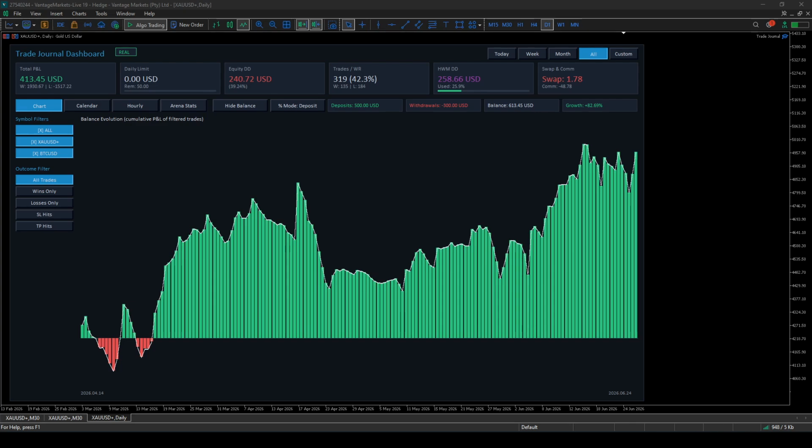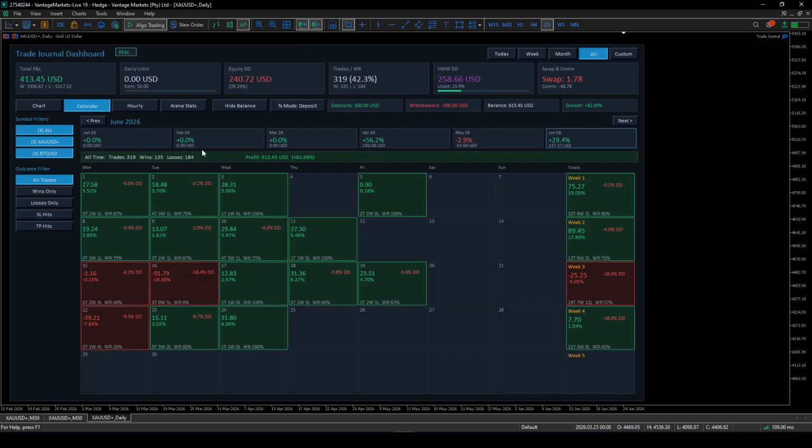There is no manual logging, no maintenance, no third-party subscription. Your data stays inside your own terminal, right? So if you want to get serious about your trading, not just about finding setups, but about genuinely understanding your own performance, this is the tool I built for exactly that.